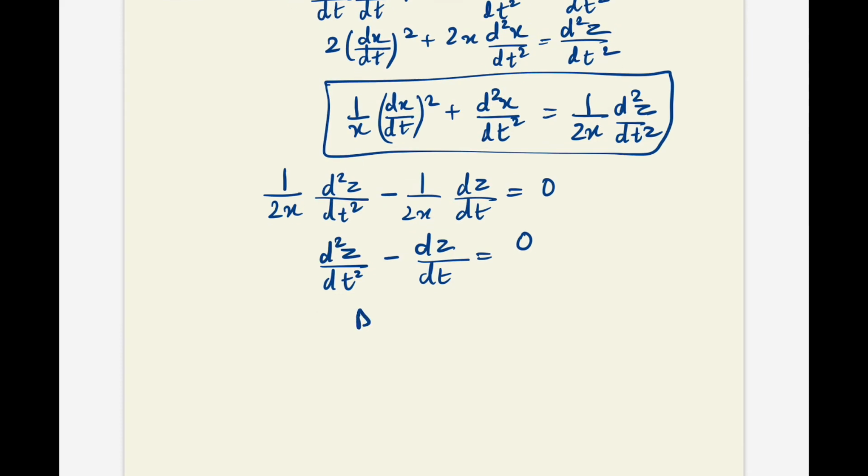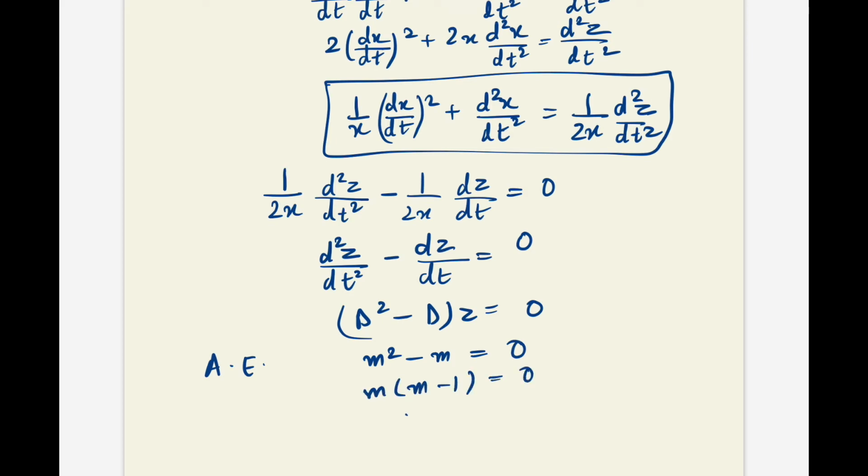Now (D square minus D) of z is equals to 0. Auxiliary equation reads as m square minus m is equals to 0. m into m minus 1 is equals to 0. m is equals to 0 and m is equals to 1.